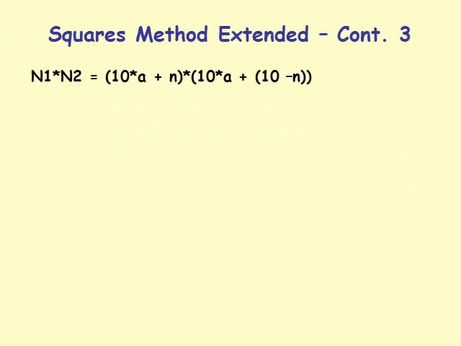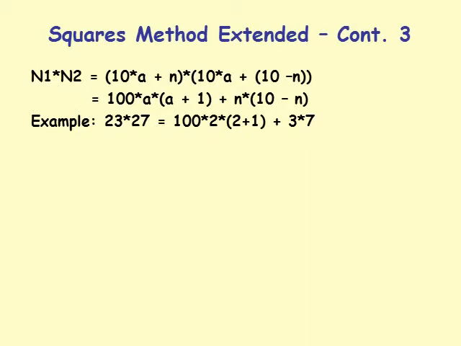Let's continue the method here. So n1 times n2, which is 10 times a plus n, gives the result 100 times a times a plus 1, plus n times 10 minus n. And 23 times 27 is 100 times 2, this is 2 right here.